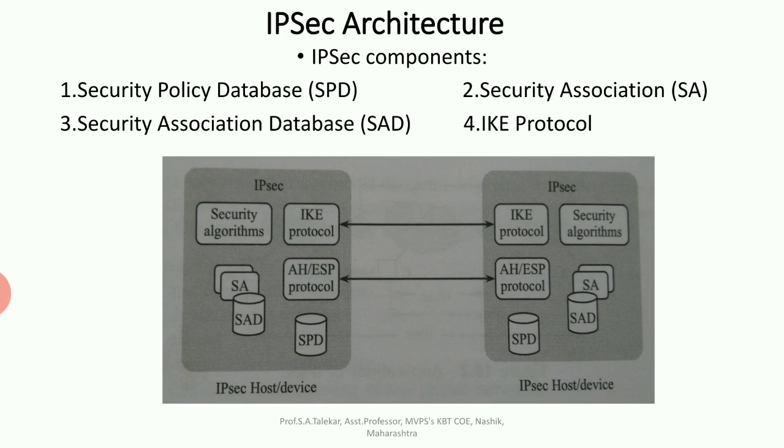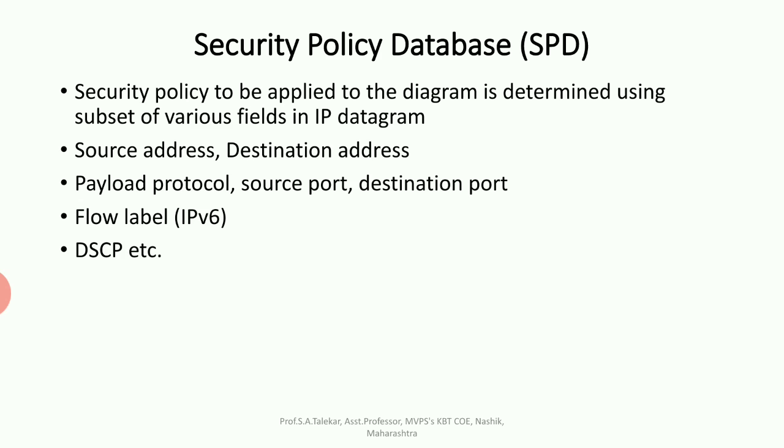So all these 4 components should be there at each host. You can see here their relationships between these protocols. We will discuss them one by one in detail in the next slide. The first one is the security policy database.